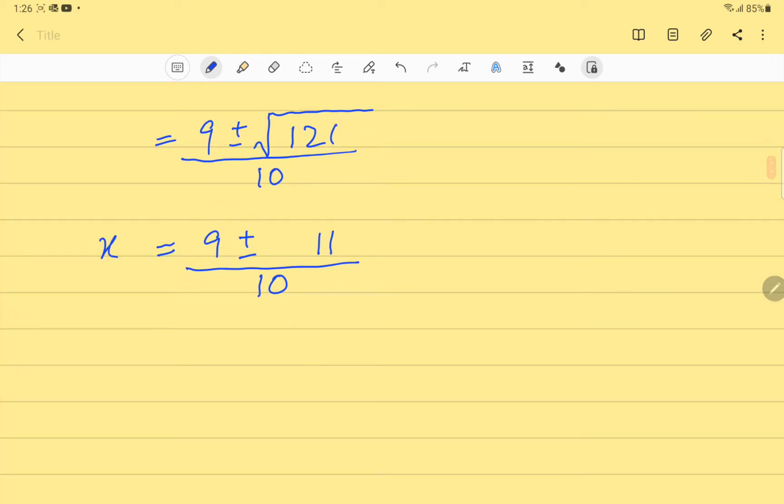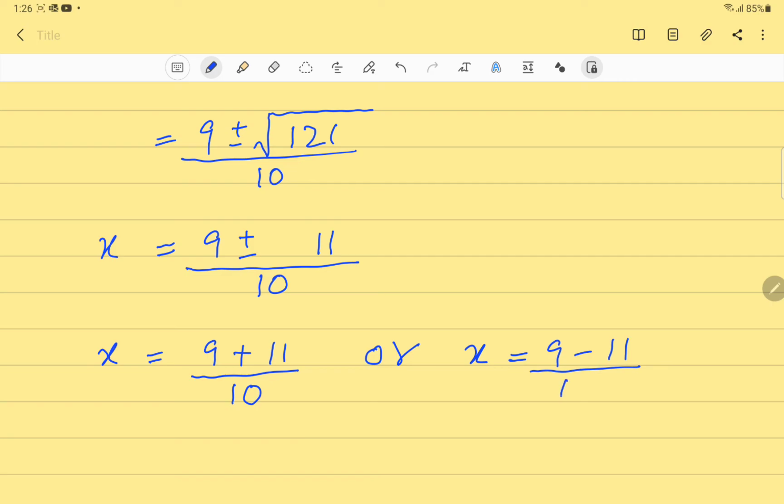Now in this case we have two values of x, that is x is equal to 9 plus 11 over 10, or x is equal to 9 minus 11 over 10.